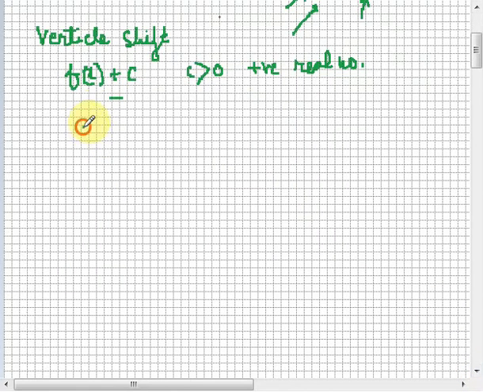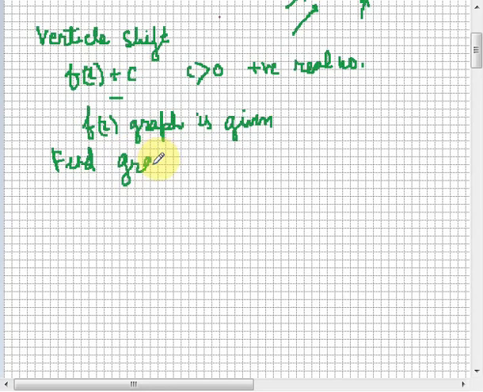That is, the f(x) graph is given. We want to find the graph of f(x) plus c and f(x) minus c. You can easily verify that also.